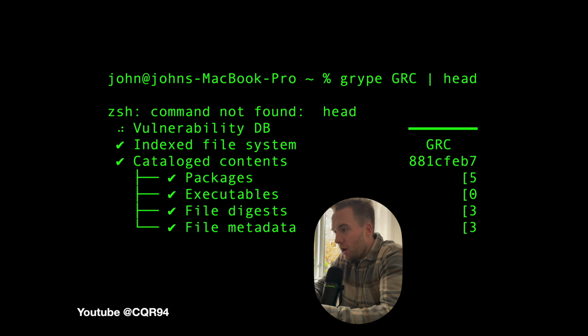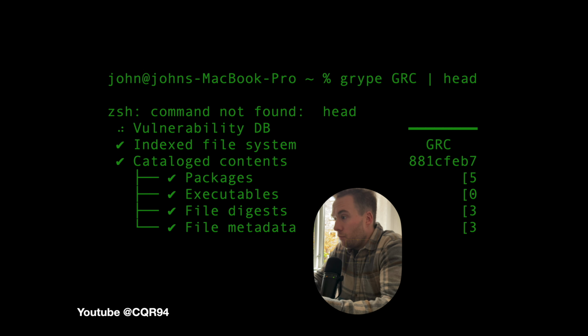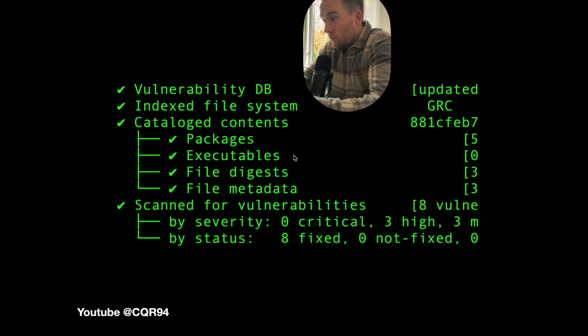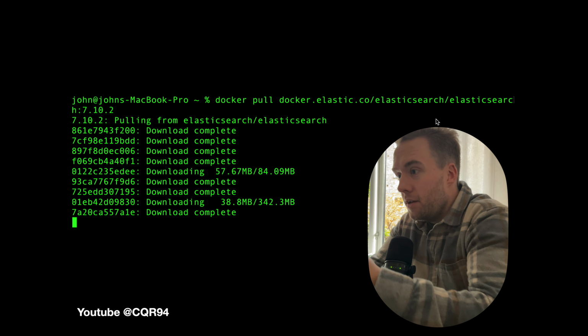There are some known vulnerabilities, so it will scan the vulnerability database and go through a lot of your packages. Here we see zero critical and 3 high, so there is something I need to fix in my GRC application.